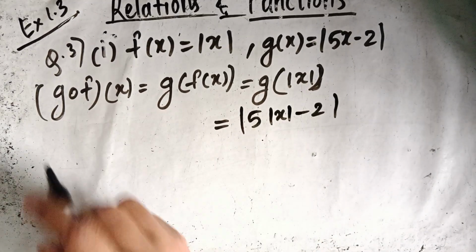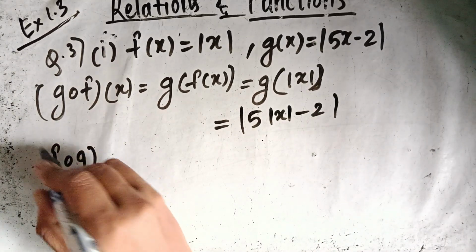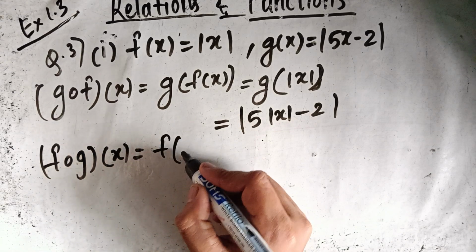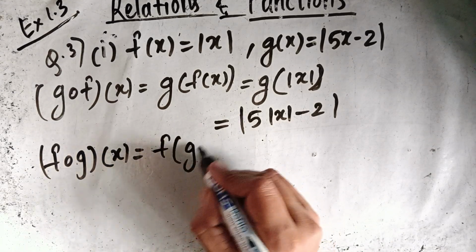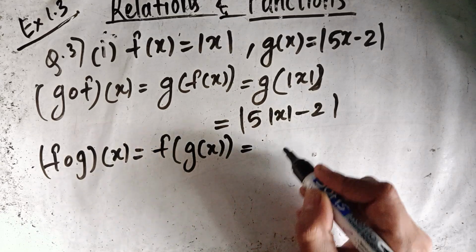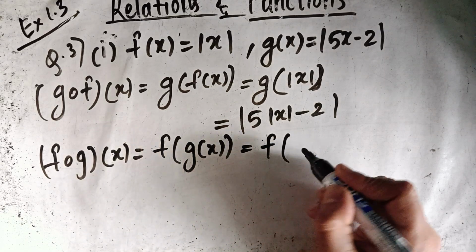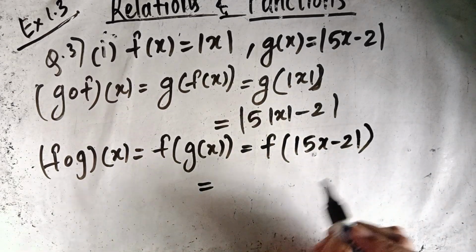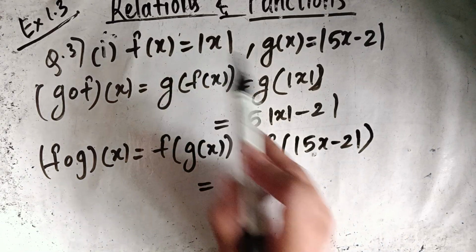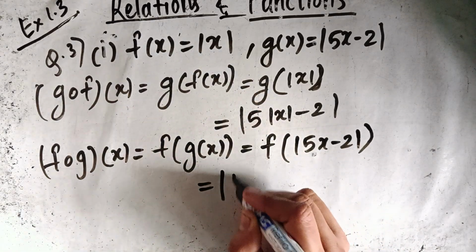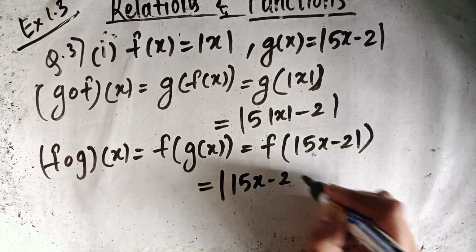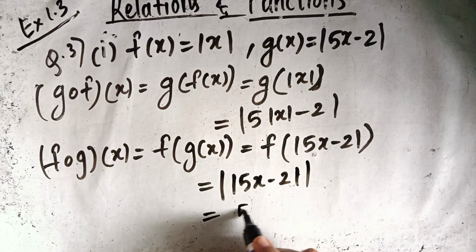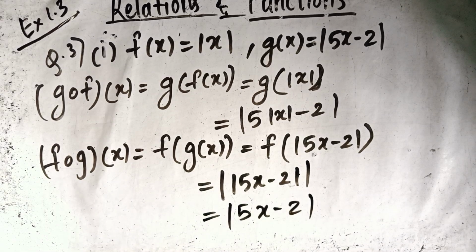Okay, then f composite g of x, f of g of x, 5x minus 2. So in place of x here, you have to put this mod 5x minus 2. Okay, which is the same as mod of 5x minus 2.